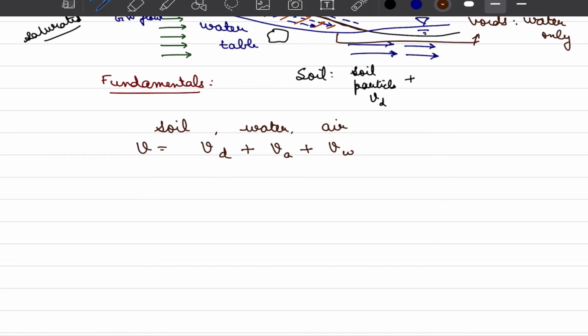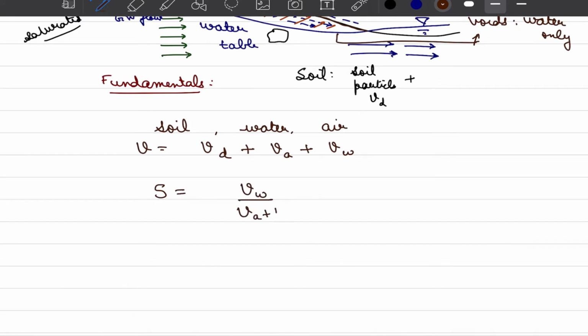And if you recall from your basic geotechnical engineering lectures, we define some fundamental quantities that we keep on using as metrics to measure what the composition of a particular parcel of soil is, since this is a three-phase system.